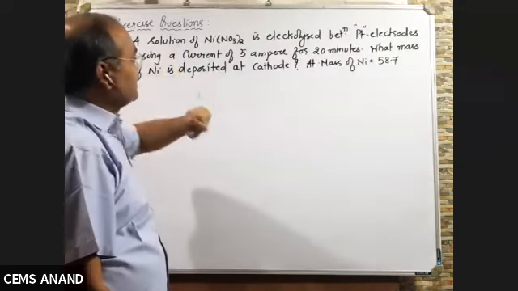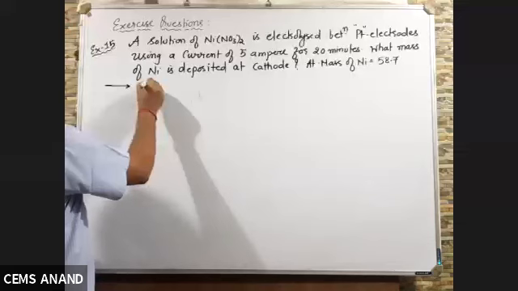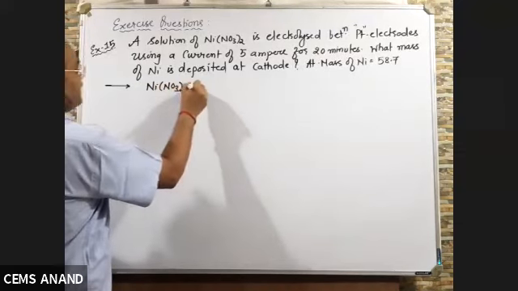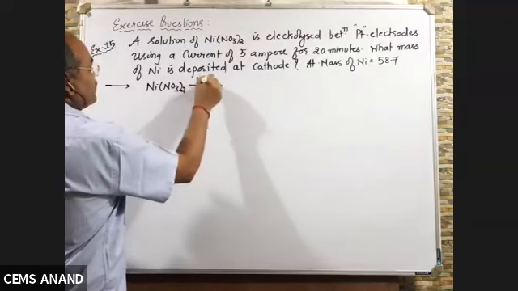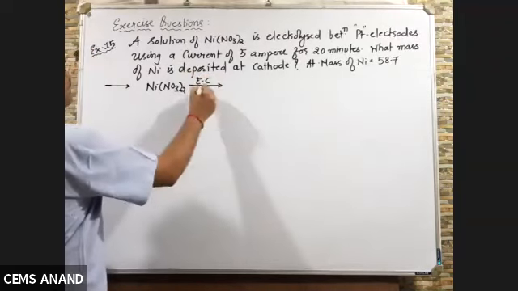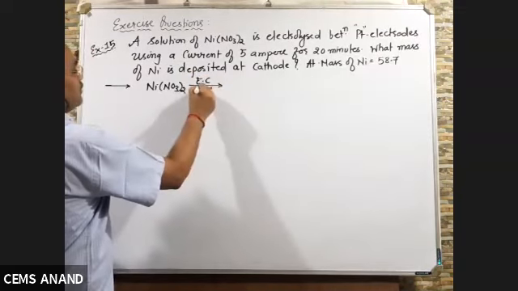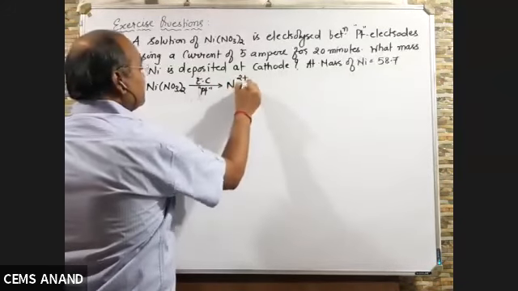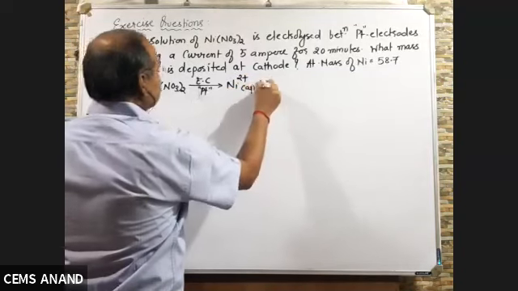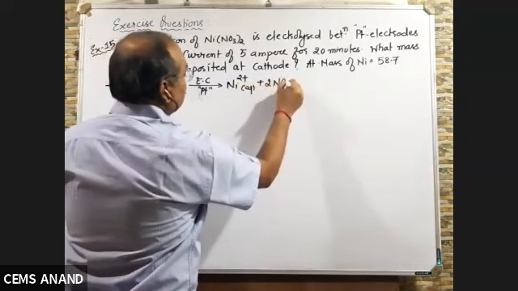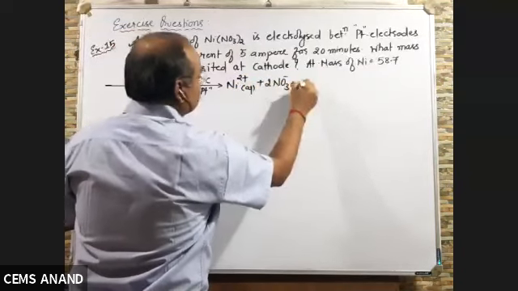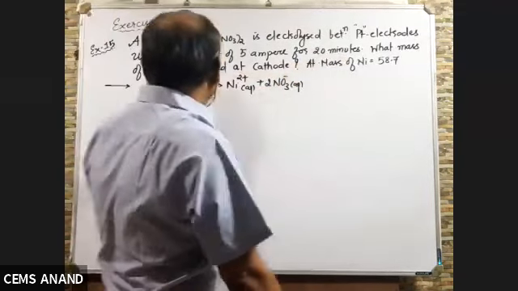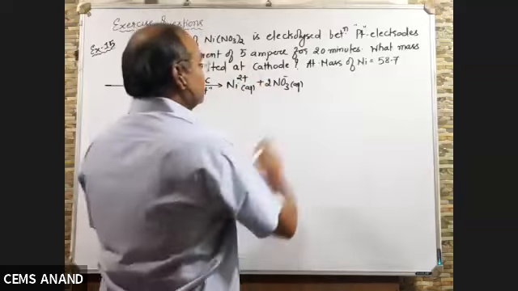A solution of nickel nitrate is electrolyzed. So you know how to write the electrolysis. Nickel nitrate, when it undergoes electrolysis by passing electric current using inert electrode platinum, we get Ni2+ aqueous plus 2 NO3- aqueous. Between platinum electrodes using a current of 5 ampere. So what is given?